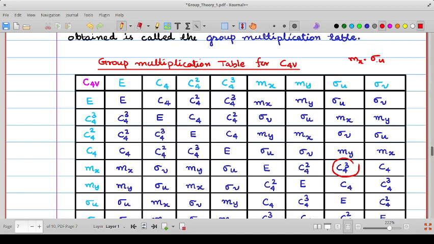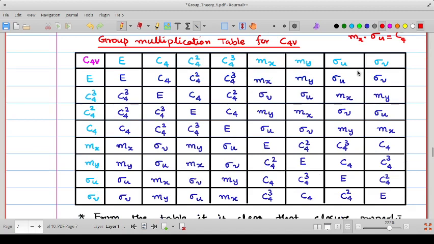So this is equal to mx times sigma u, and we can find the product, and the result will be written in that particular cell. So this is equal to C4 cube. The details of finding all the results of the compositions are given in exercise 1, and it is provided along with the notes.